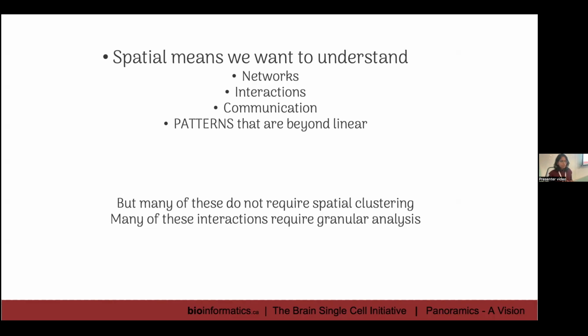But what if we are dealing with something as complex as disease? How are you going to know if your spatial clusters are picking up the right domains? Many of these spatial methods can be guided by a pathologist or by your own experience of your tissues, and that's good as well.